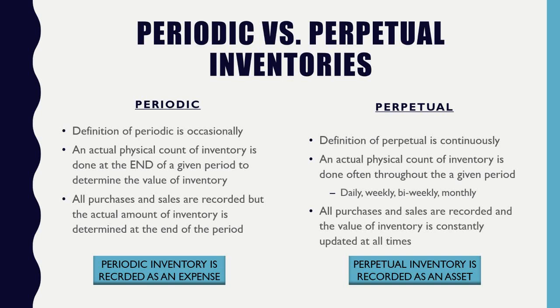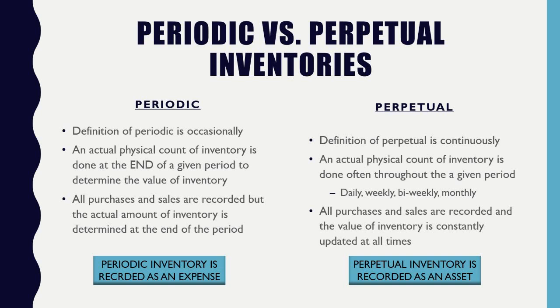We're going to record the inventory as an expense to the company every time we purchase it, all right? And then at the end of the accounting period, you're going to have what's called a conversion entry, where you convert your expense into inventory as an asset, okay?